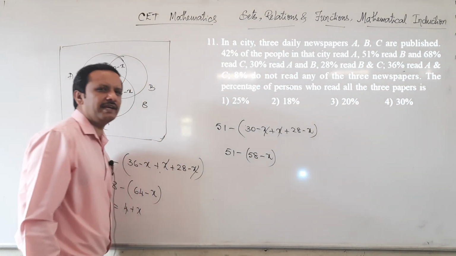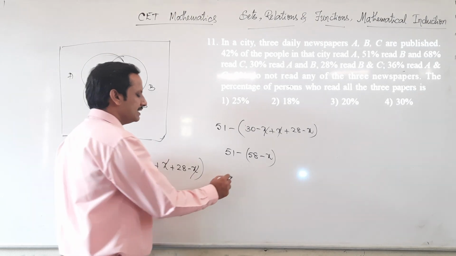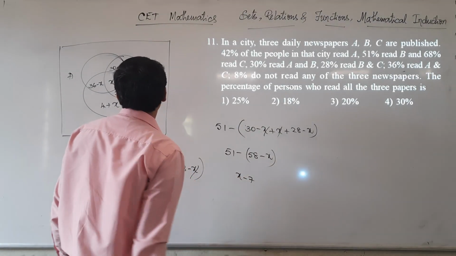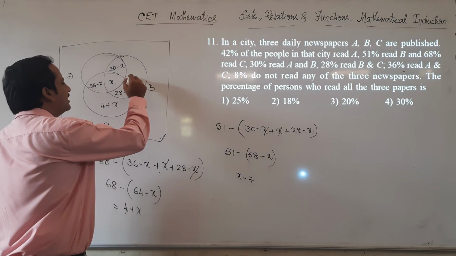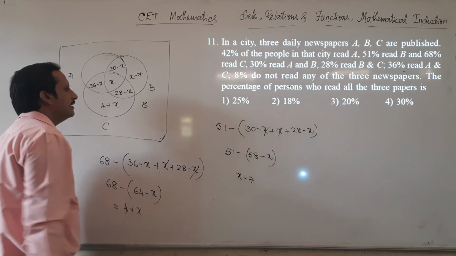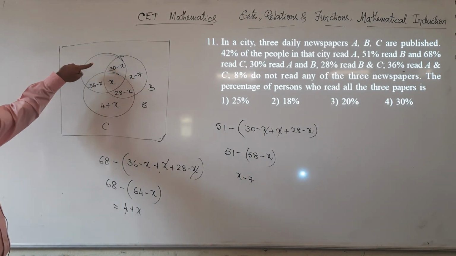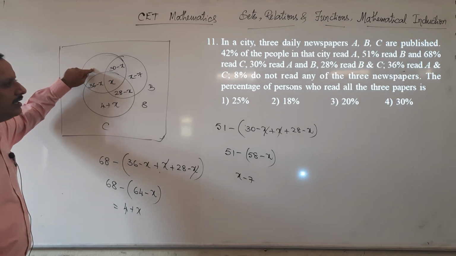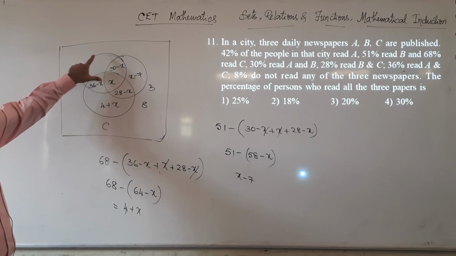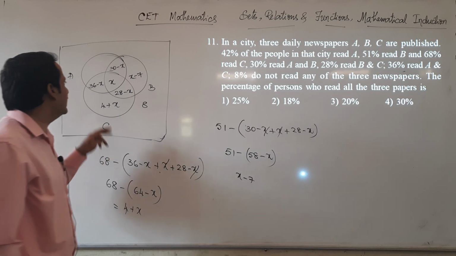51 minus 58 will give you minus 7 plus X. So it will be X minus 7. Here I shall write X minus 7. Then here, how many read A? 42%. So this sum should be equal to 42.